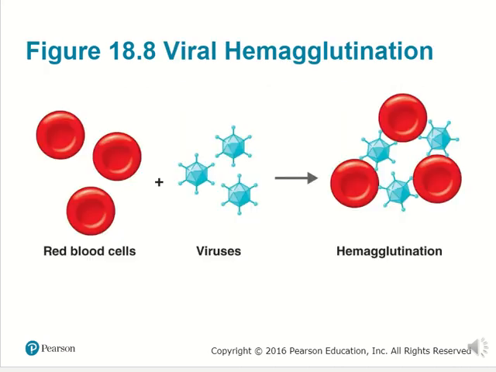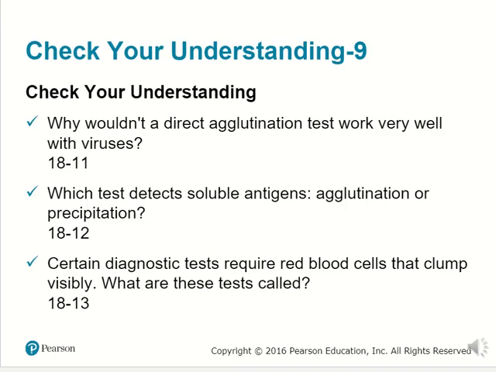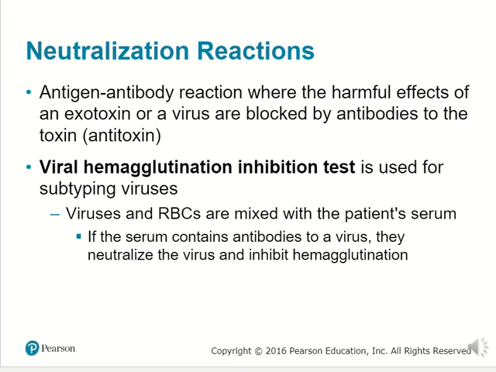Now, viral hemagglutination. This involves red blood cells and viruses interacting to form hemagglutination. Neutralization reactions are essentially an antigen-antibody reaction where the harmful effects of an exotoxin or a virus are blocked by antibodies to the toxin, called the antitoxin.